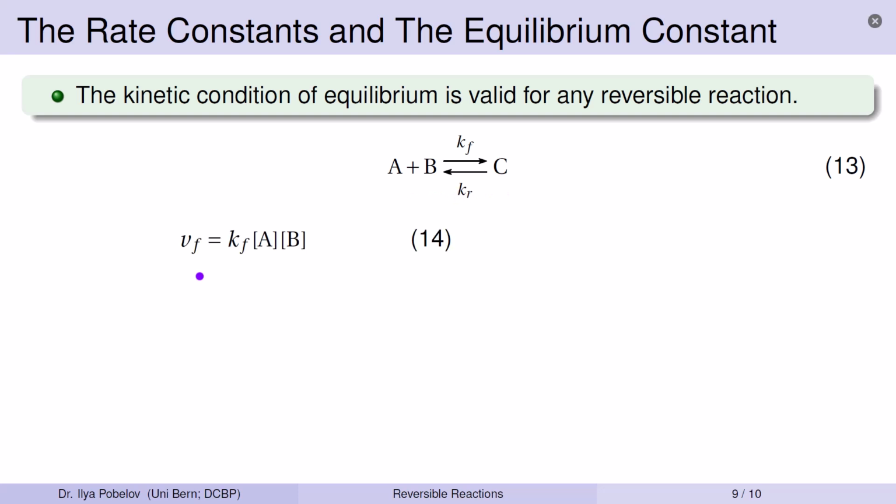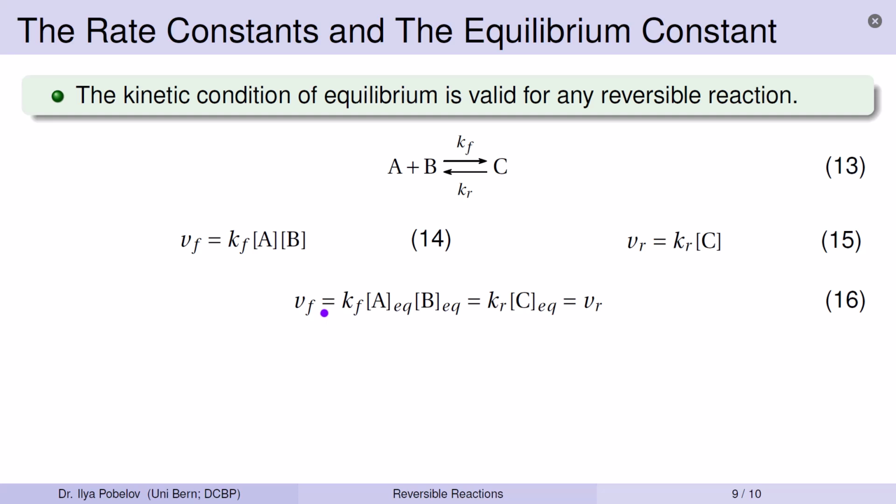In such a case, the rate of the forward reaction is proportional to the product of the concentrations of A and B, while the rate of the reverse reaction is proportional to the concentration of C alone. Here, Kf and Kr are the rate constants for the forward and reverse reactions respectively.